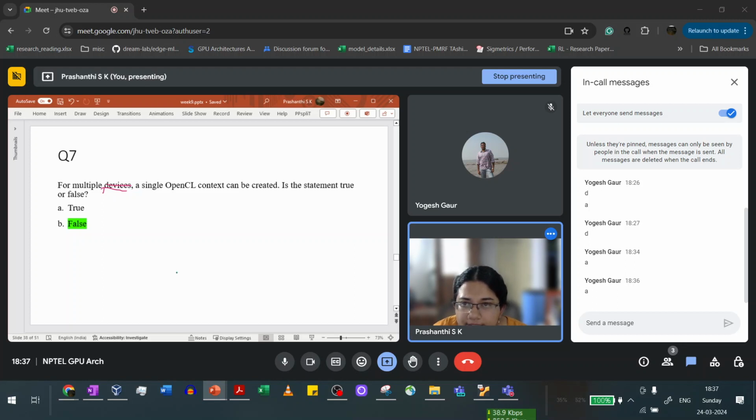We'll move to the next question. A single command queue can execute only one kernel on a single device. Is this true or false?